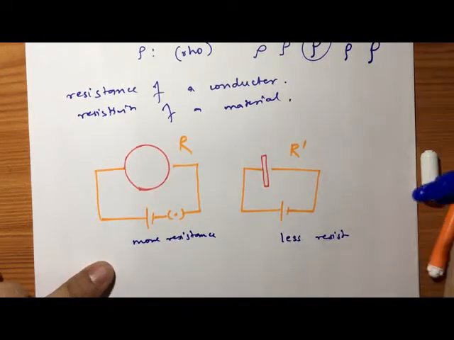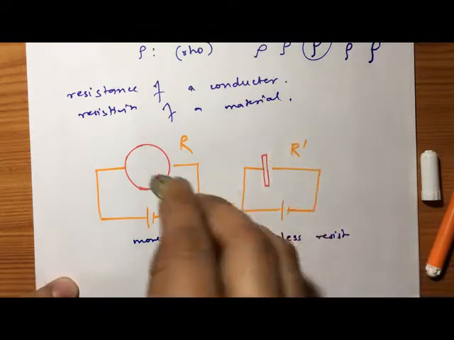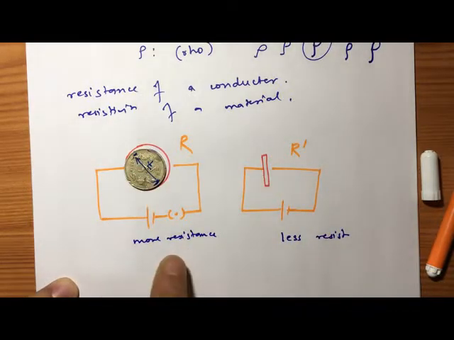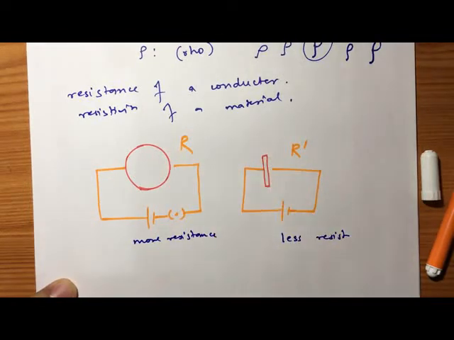So now we are considering a conductor, a simple coin, and what we observe is that if we keep it like this, it will have more resistance, and like this it will have less resistance.